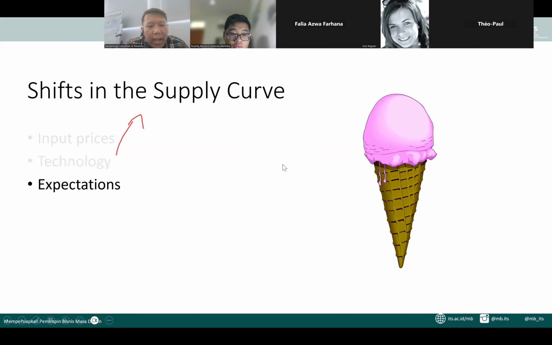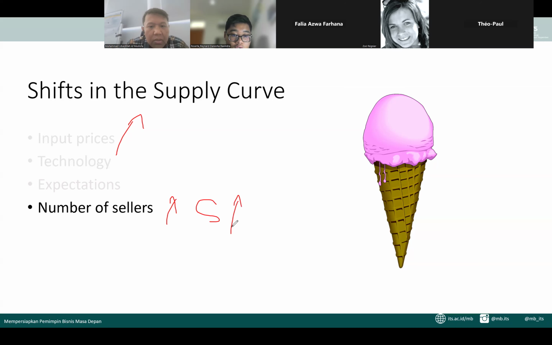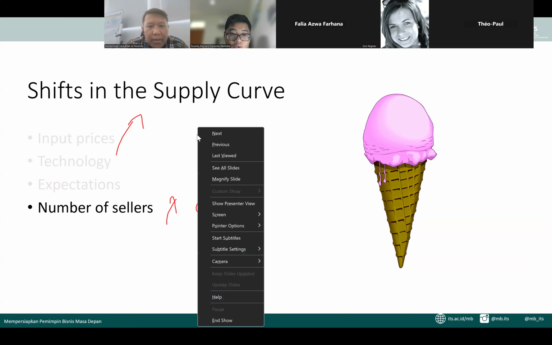Expectation, for example, later on we have an increase in price. So what will happen to today's supply? It will reduce because everybody will supply later on. And the higher the number of sellers, the higher the supply will also be.